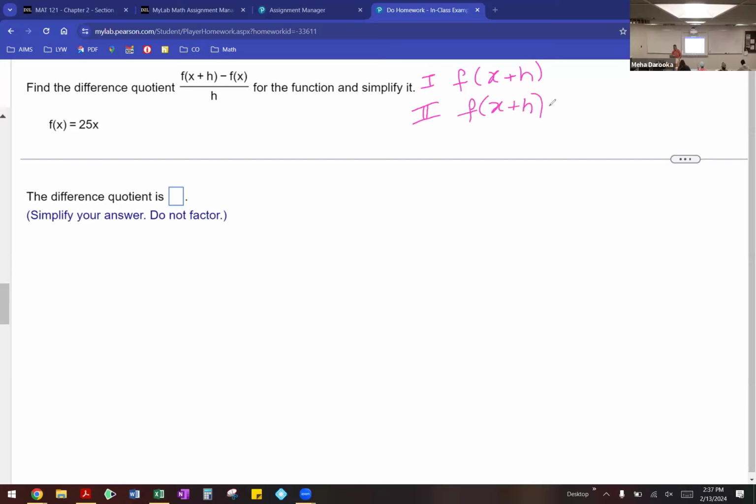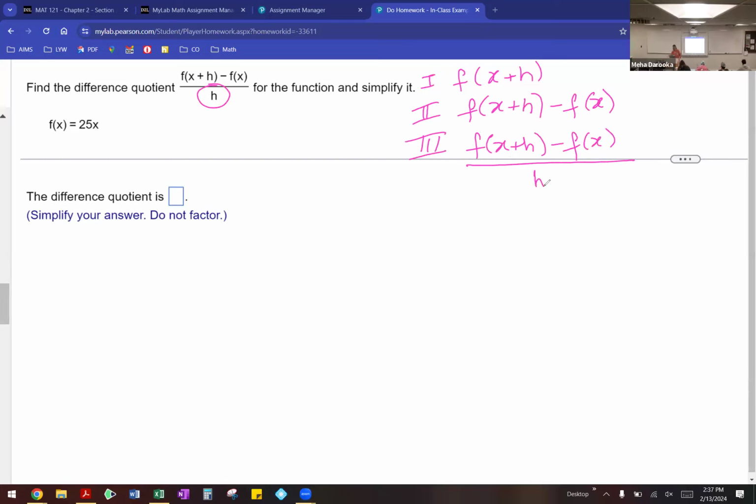So once you have found part 1, then you can subtract the original function f of x. And then part 3 is whatever answer we get from step 2, we're going to divide that by h.